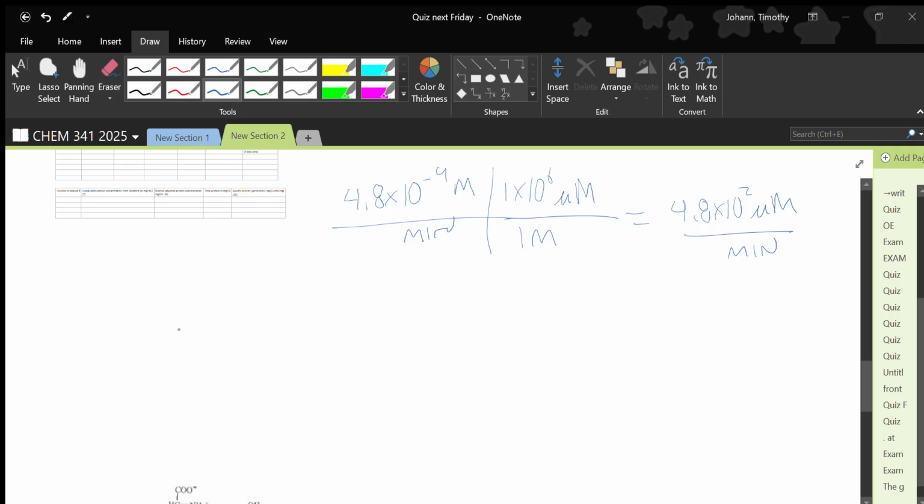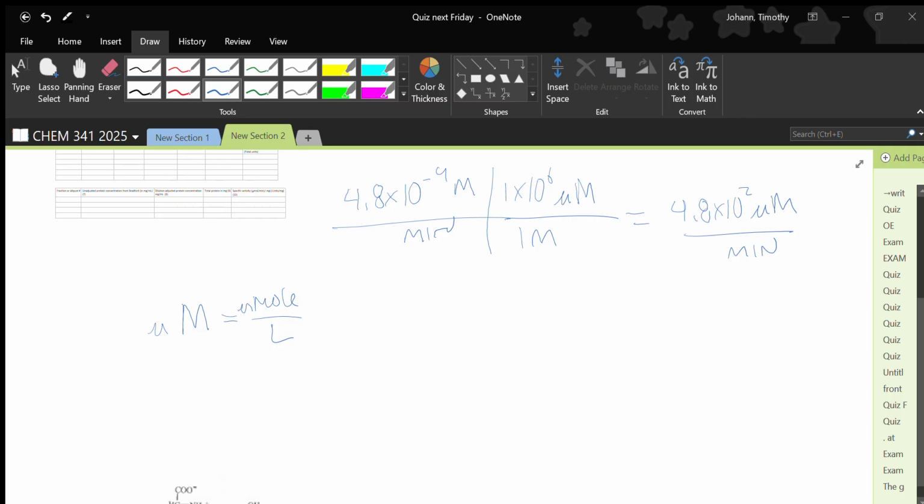We know that our molarity, our concentration, is equal to moles divided by liters, right? So I just need to multiply here. So if this is micromolar, it would be micromoles per liter, right? Do you agree with that?